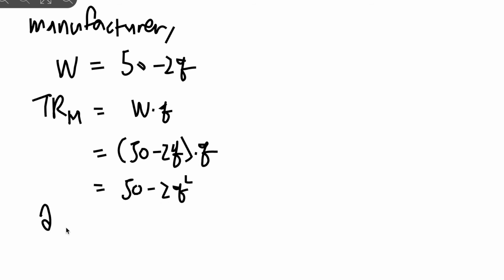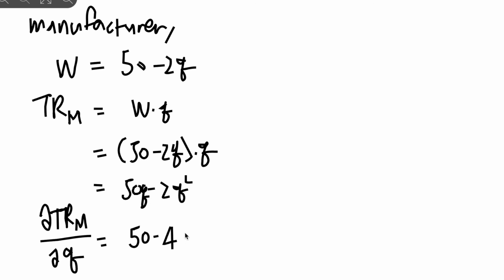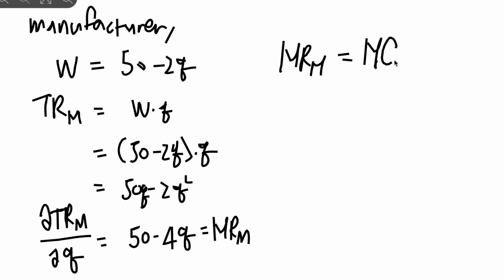If we take the partial derivative of the total revenue of the manufacturer with respect to the quantity Q, we get 50 minus 4Q as the marginal revenue of the manufacturer. Since the manufacturer is a monopolist, we set the marginal revenue equal to the marginal cost of the manufacturer, which is given as $10.